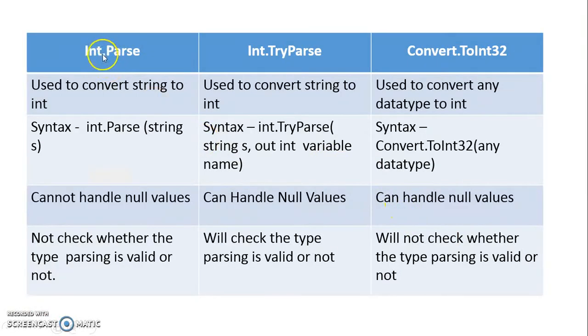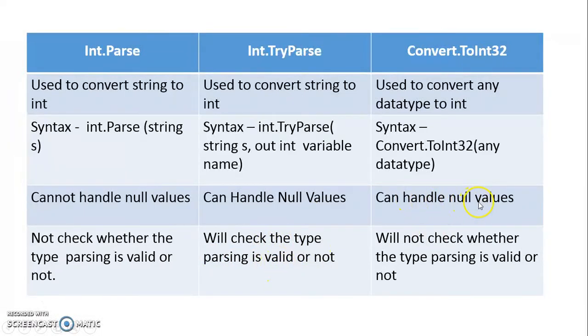If I want to use integer.Parse, integer.TryParse, and Convert.ToInt32, specifically we use string to integer, and Convert converts any data type to integer. With the syntax that we had seen, it cannot handle null, and we had seen that TryParse can handle values with the help of boolean. It will show you whether the string is valid or invalid, and that is nothing but your validation. It checks the validation of the type parsing.